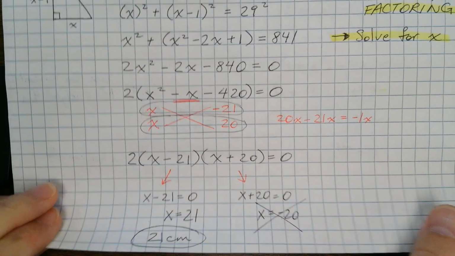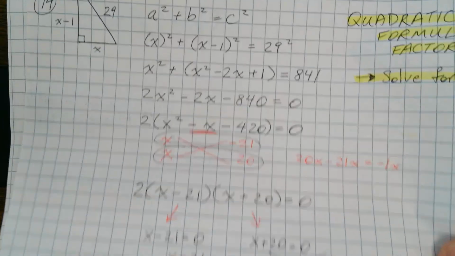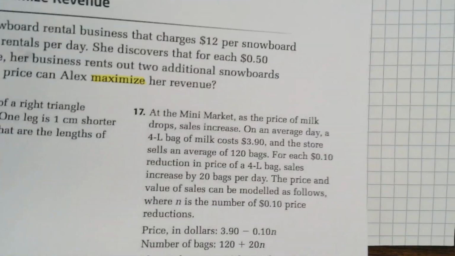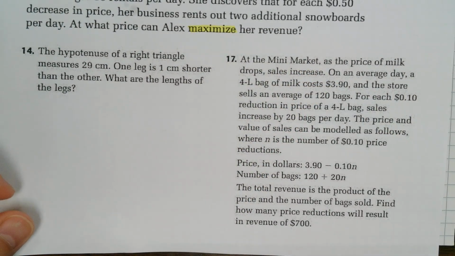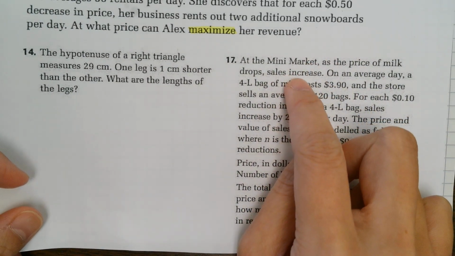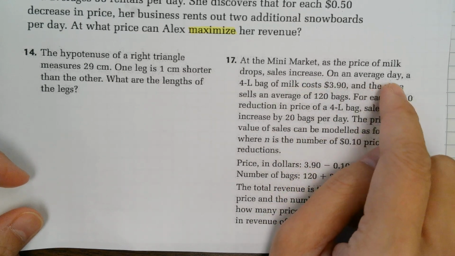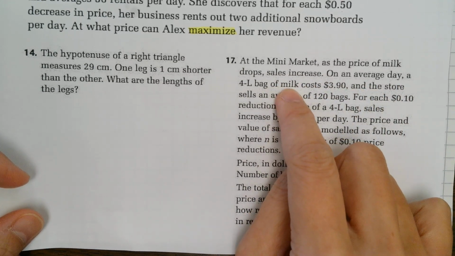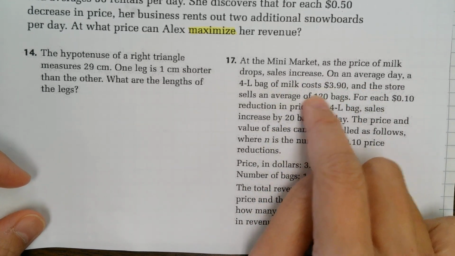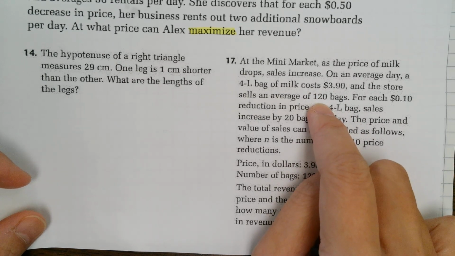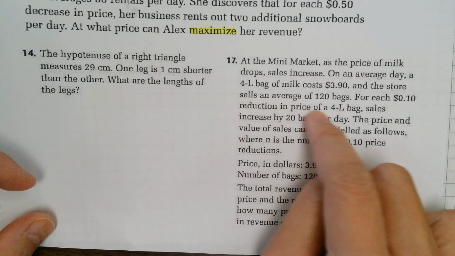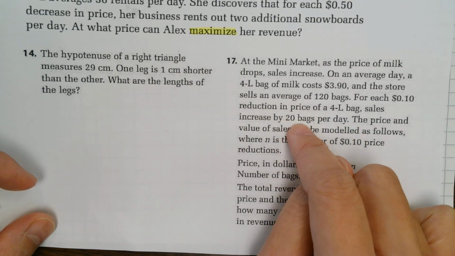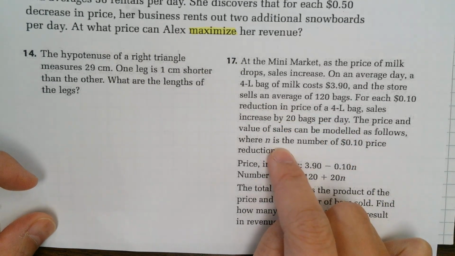Okay. Last question. At the mini mart, price of milk. On an average day, you can buy milk for $3.90 and they sell 120 bags. For every 10 cents deduction in price, they can sell 20 more bags.